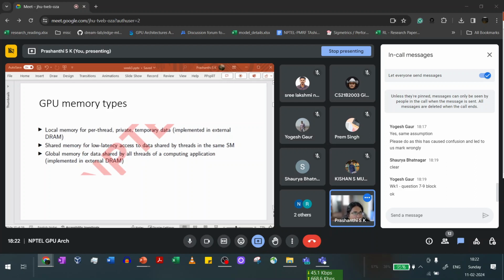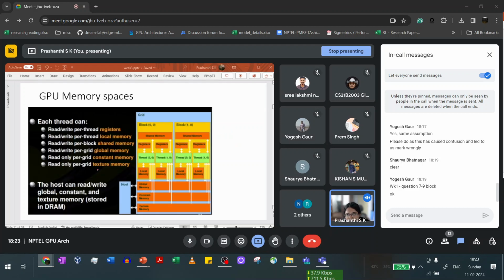I've also tried to give you a little more details in this session, and I think these are from the official NVIDIA documentation or something like that. But understanding this much is definitely enough for your coursework itself. This is just some additional material that you can use to understand better if you're curious.